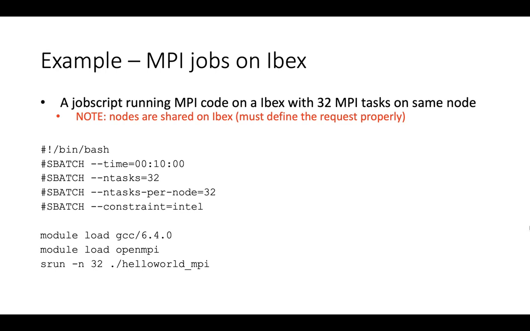The --constraint directive requests a compute node with a processor of Intel architecture. Together with the request of 32 ntasks and the constraint, SLURM will ensure that a compute node with at least 32 cores of Intel architecture is allocated to a job.